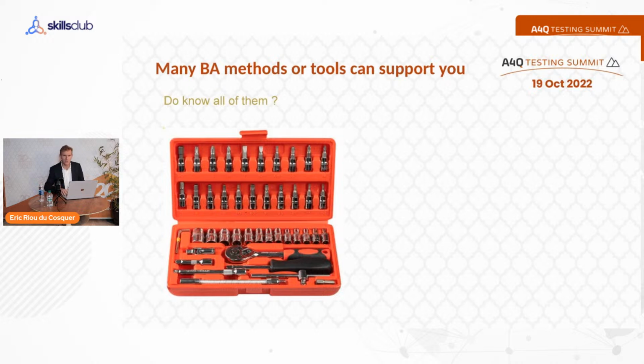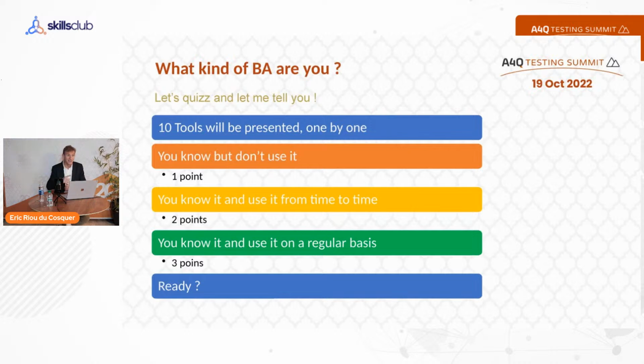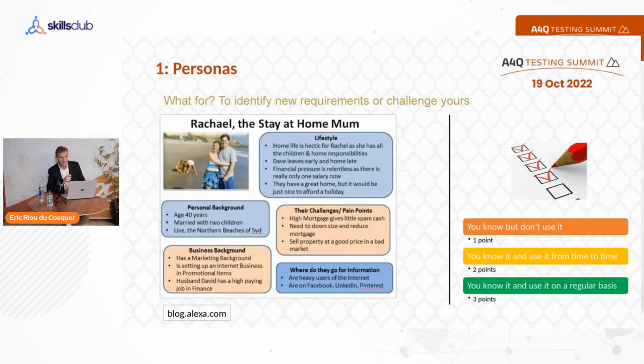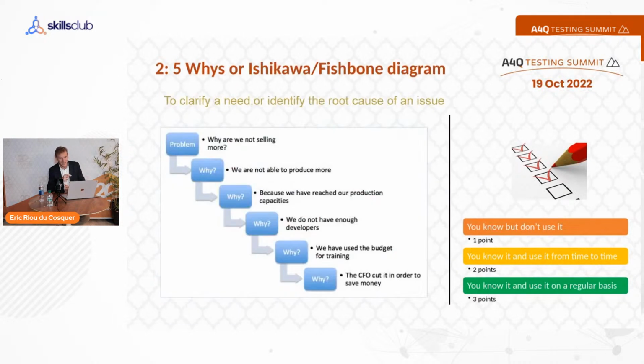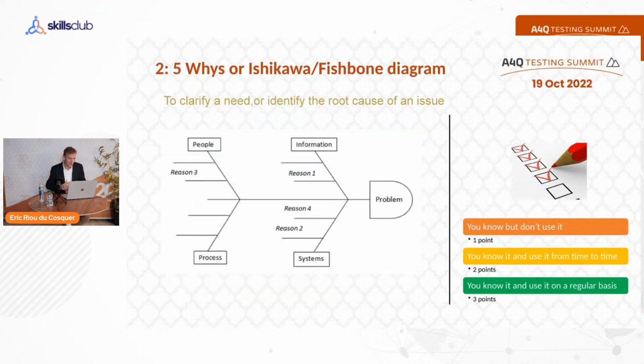And I move to the second one. The second one is called 5 whys. Very close to another method, which is called the Ishikawa diagram.